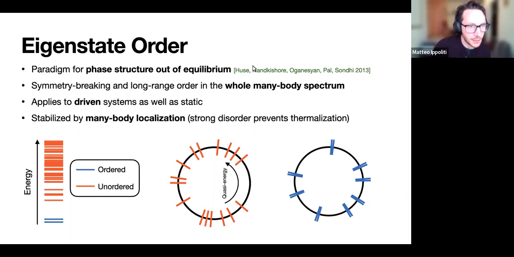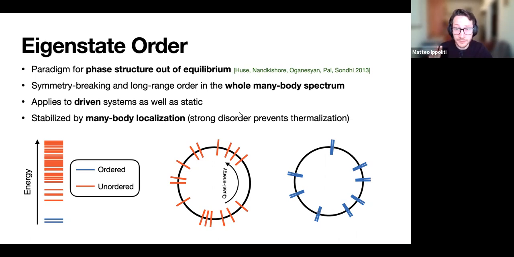So the basic idea is that unlike static systems where you may have ordered states at low energies and then unordered states at high energies, you can have these eigenstate ordered systems where all of the states in the spectrum are ordered and resemble basically ground states of a static Hamiltonian.